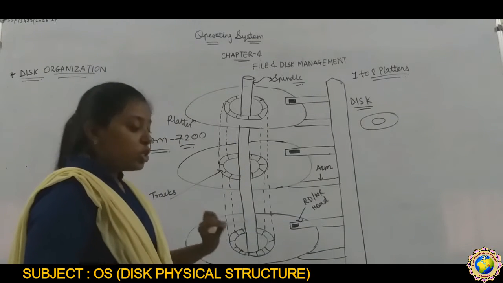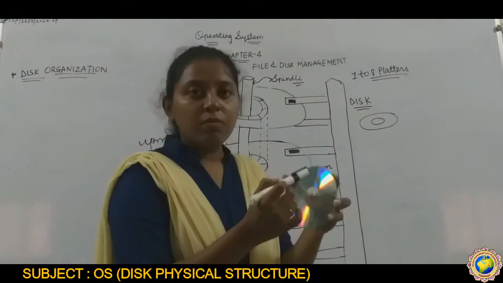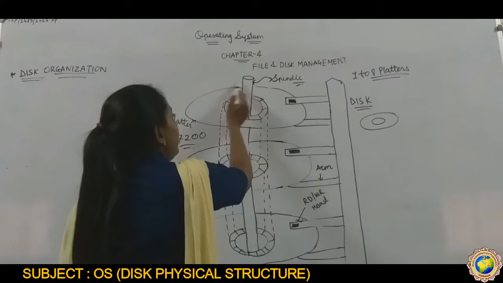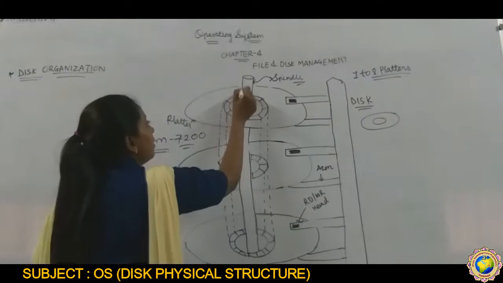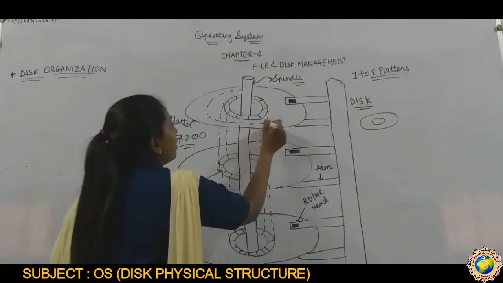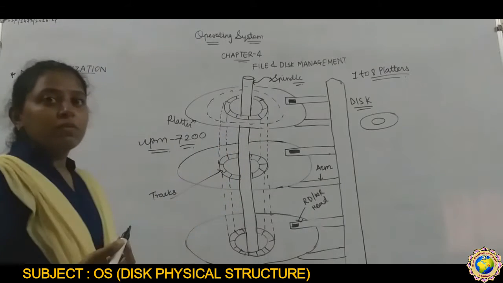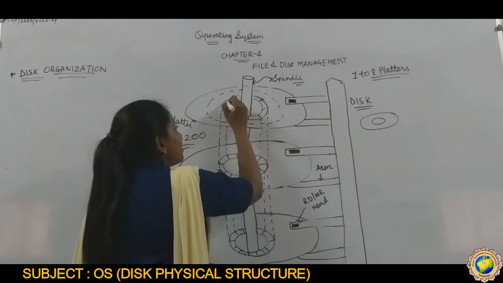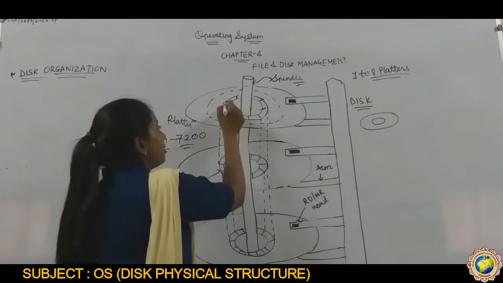Here you can see the tracks. These are the platters and these are the tracks. The tracks are divided into units called sectors.